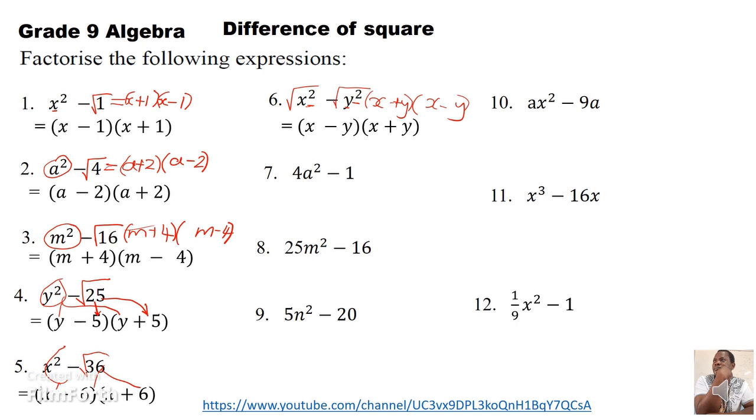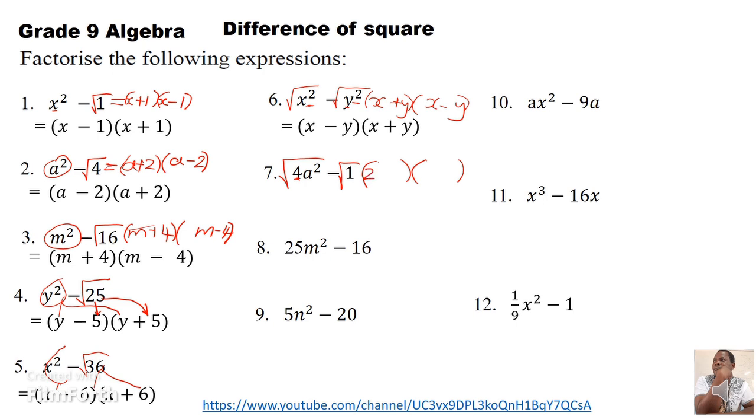Look at number 7. I simply go for the square root. Find the square root here and also find the square root here. You have no problems. So square root means, in formal language, we are simply separating that expression into two factors that are the same. So the square root of 4 here gives us 2.